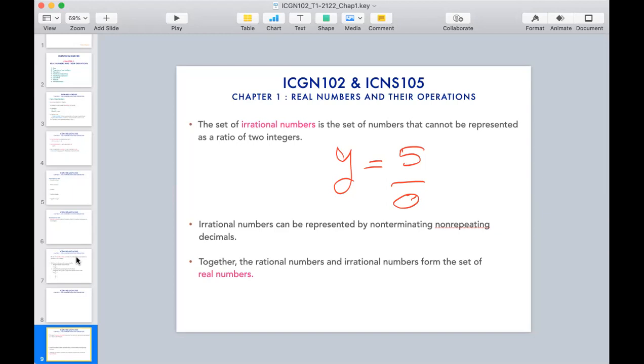So everyone, be careful when you answer in the exam. If you solve an equation and get this value, don't just answer it. You have to say that the answer of y is not in the real numbers, because if you write down 5/0 like this, no one knows whether it is a real number or not. Or you may write that y doesn't have a solution.